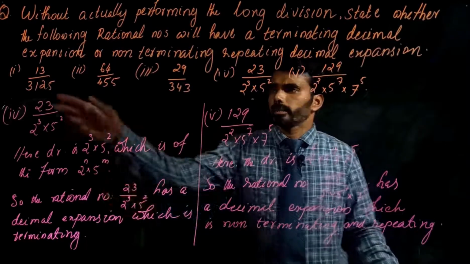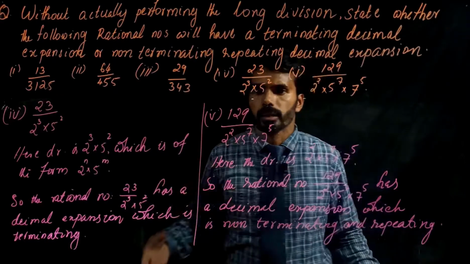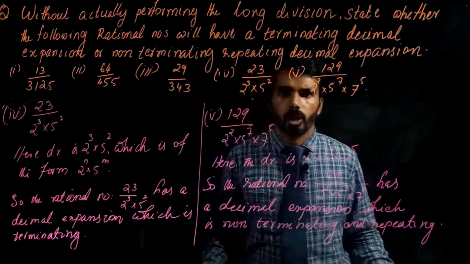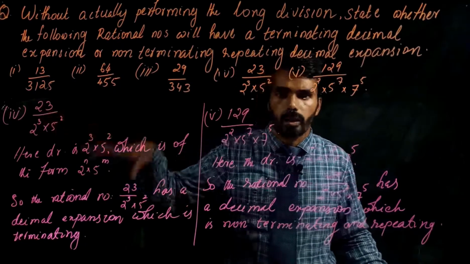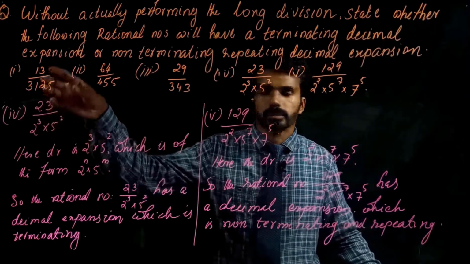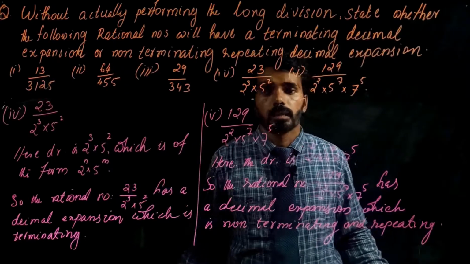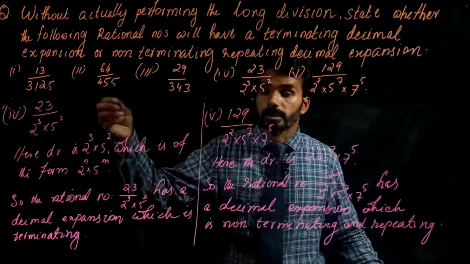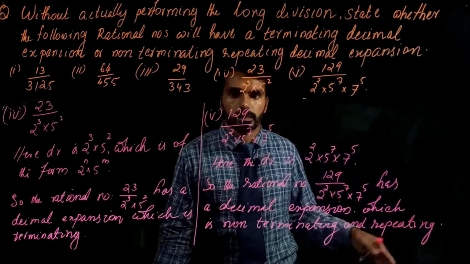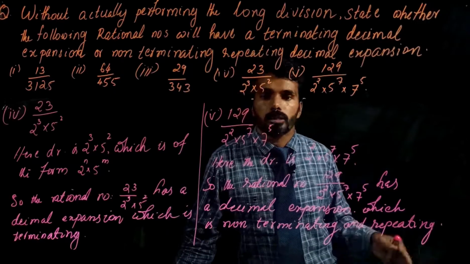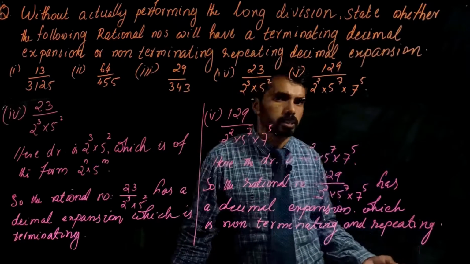So let us discuss these types of questions without doing the actual long division. By recalling this theorem, we can say whether the given rational numbers have a decimal expansion which is terminating or non-terminating and repeating.